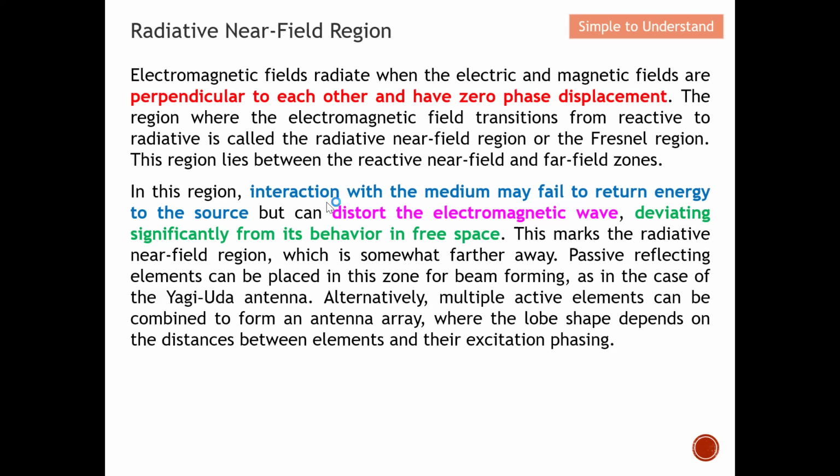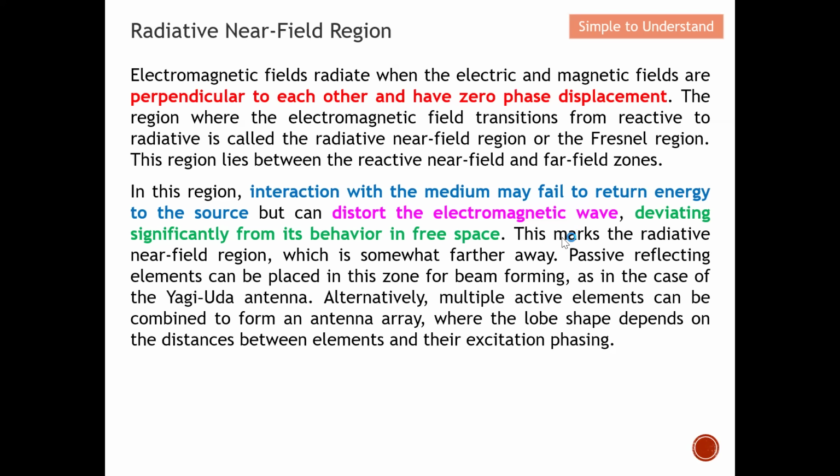But it can distort the electromagnetic field, deviating significantly from its behavior in free space. This is also what we call the transition into the far field, which has the impedance of 377 ohms. If you still remember, this is what we discussed under EMC.